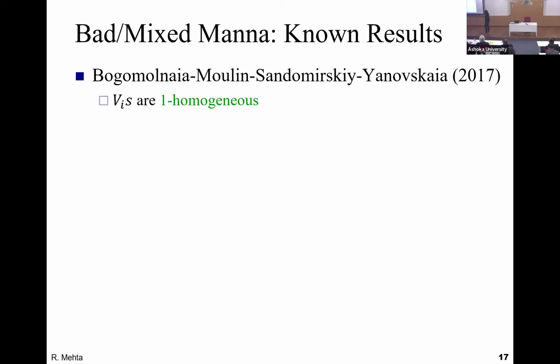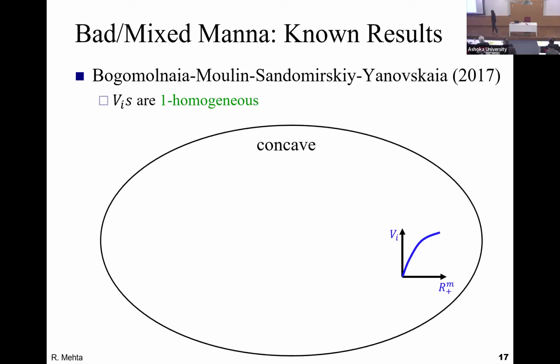This paper by Hervé Moulin, Bogomolnaia, Saban, and Yanovskaya started understanding the complexity of this problem, and they focused on one homogeneous valuation functions. These are the valuation functions that are amenable to Nash welfare, the product of the valuations, and its connection to competitive theory.